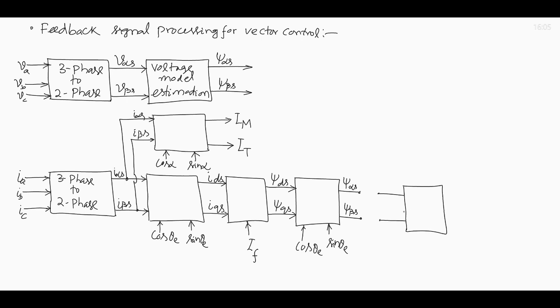So we get psi alpha s and psi beta s, and from that we get psi s and angle and corresponding cos alpha and sin alpha.